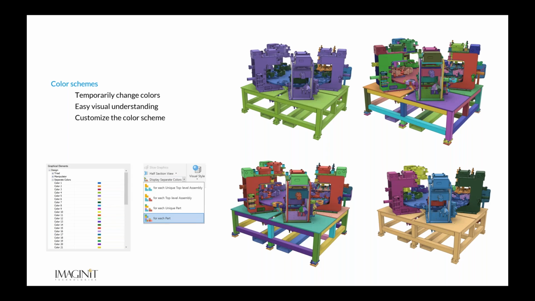Then we got more used to the idea of the color relating to the material, so I kind of got away from that. But in a large assembly, or when I have a weldment where I've got components that stack on top of each other, it can be tough to see sometimes what I'm looking at exactly. So I thought this was such a cool enhancement that they brought in.